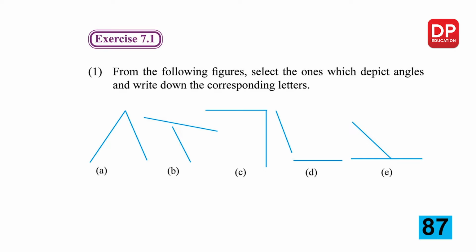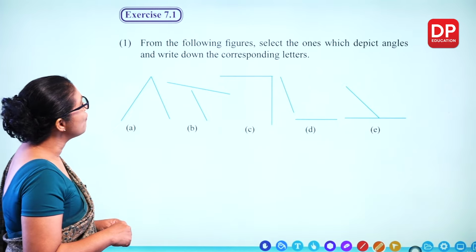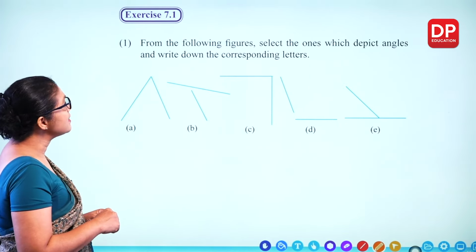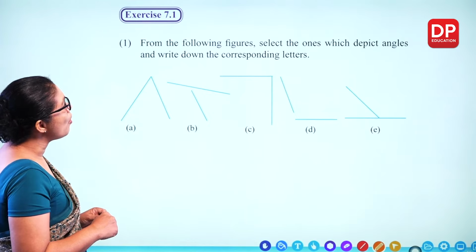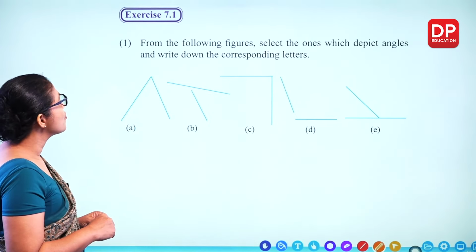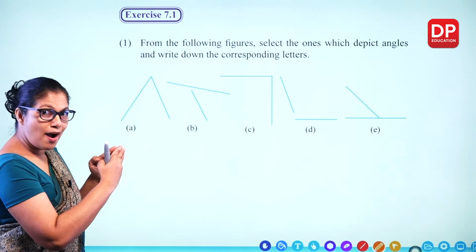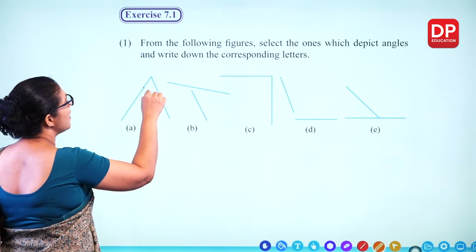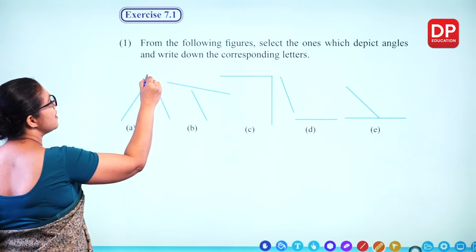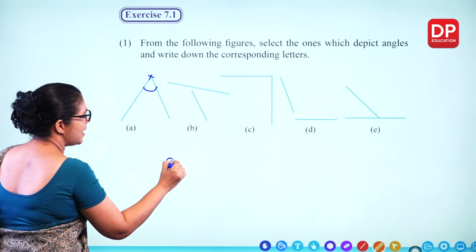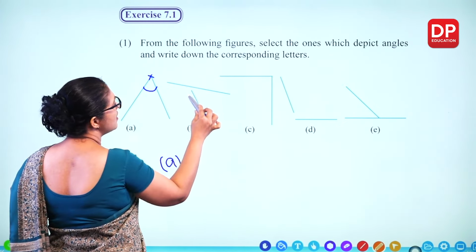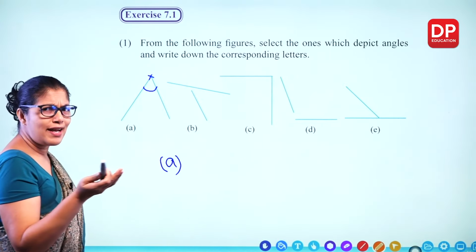Now we'll look at the exercise in your textbook, exercise 7.1. From the following figures, select the ones which depict angles and write down the corresponding letters. So you need to get two arms and a vertex point. So in this one, you get two arms and a vertex point. So A is an angle. Here, we can't see a vertex point, just two straight lines.